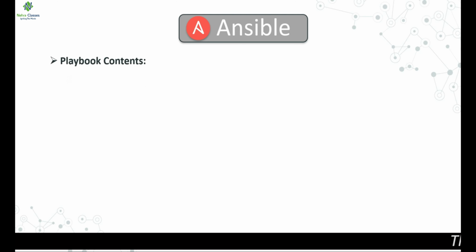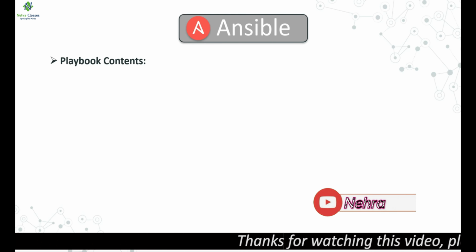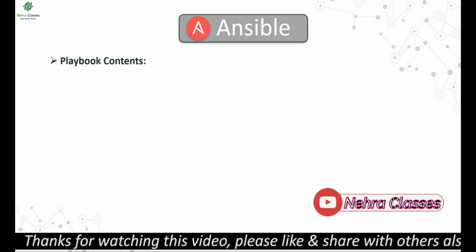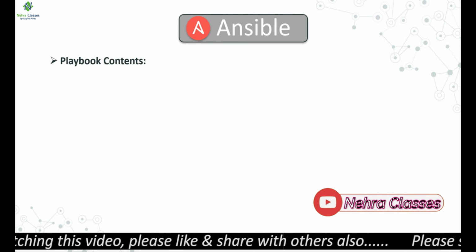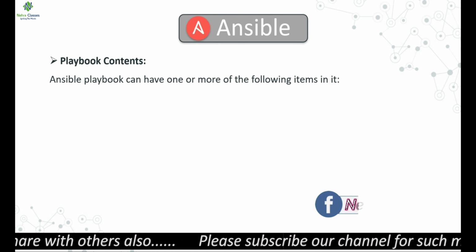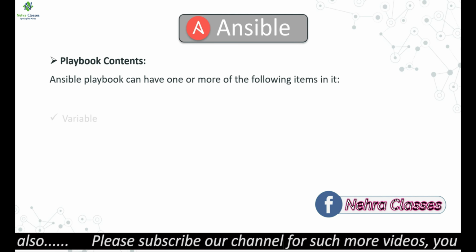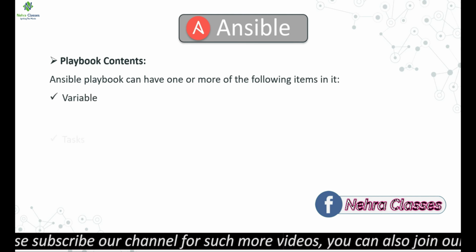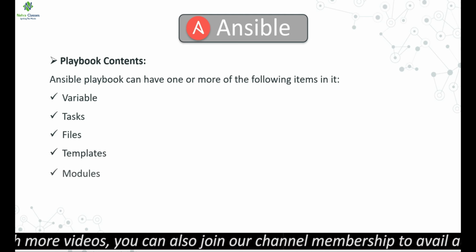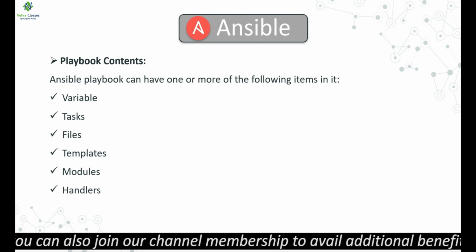Before I start the session and go into the details of the Ansible variables, we must know what the contents of an Ansible playbook file are and why the variables are very important. As you know, an Ansible playbook can have one or more of the following items in it. There you can find variables, tasks, files, templates, modules, handlers, and many more.